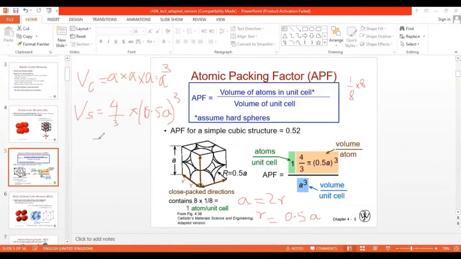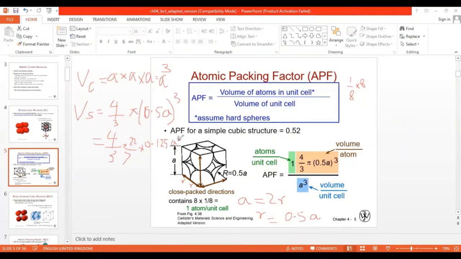So that will give you 4/3 into pi, you know, 22/7 into A cube into 0.5. So 0.5 into 0.5 into 0.5, how much? 0.25, 0.125, 0.125 A cube.